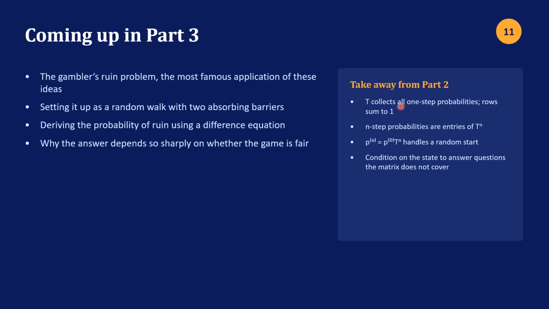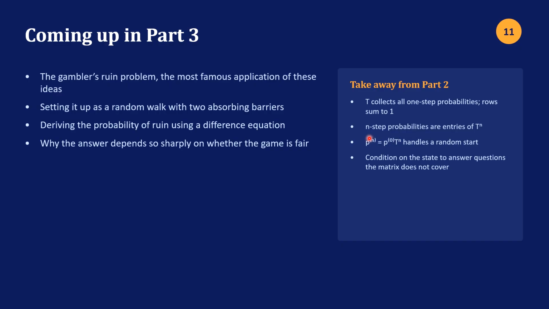T, the transition matrix, collects all 1-step probabilities. The rows sum to 1. N-step probabilities are gotten by raising T to the nth power. And if you don't know where you've started and you have a probability distribution for the starting state, which is this row vector P0, then you can just multiply that times T to the n, and that gives you the absolute probability of being in each of the states after n steps.